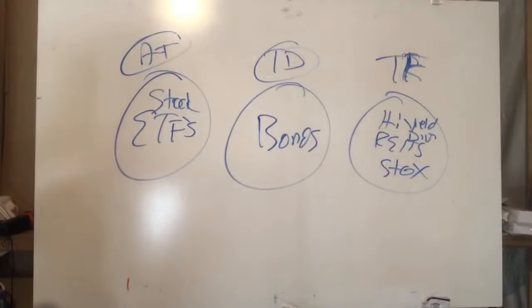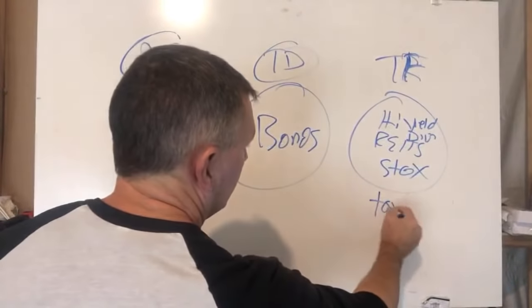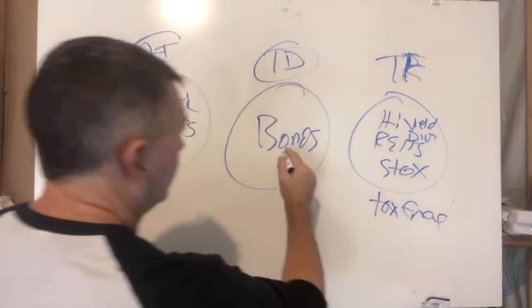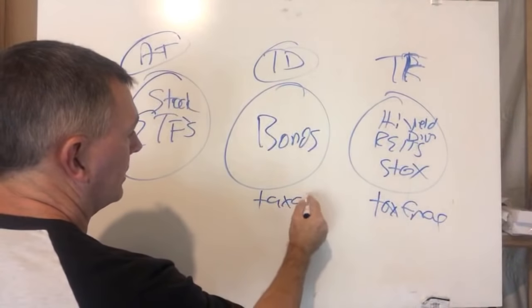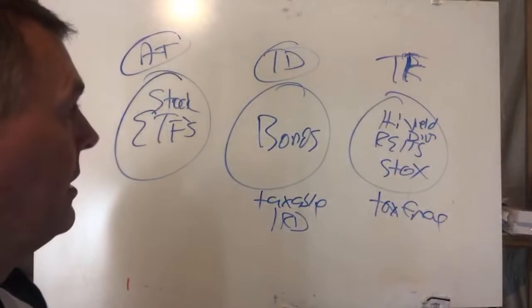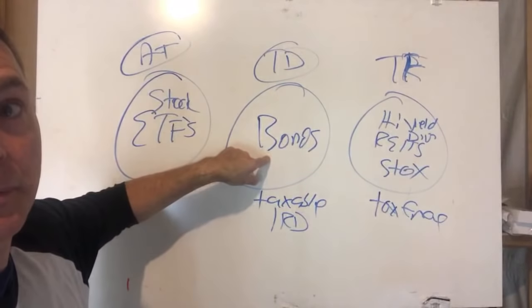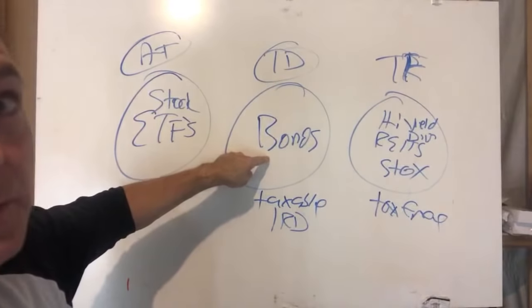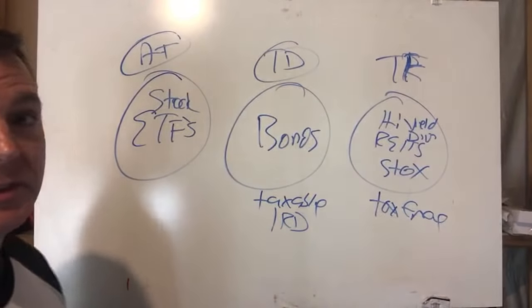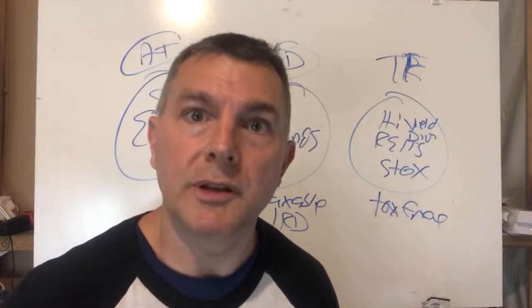All right, now let me just show you what happens here. Your kids inherit this tax-free, this taxable for your kids. It's called IRD, income with respect to decedent. So they're going to pay income tax on this, based on their current tax bracket, which is nuts. And because of the Secure Act, which didn't secure anything, they got to exhaust it within 10 years.